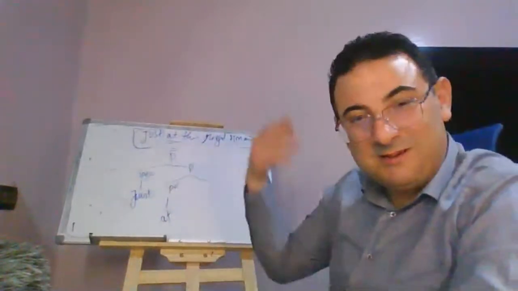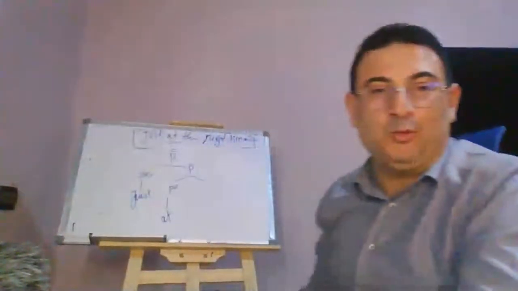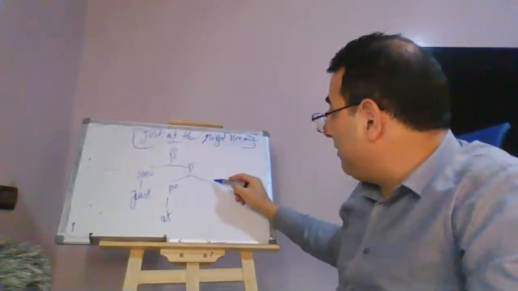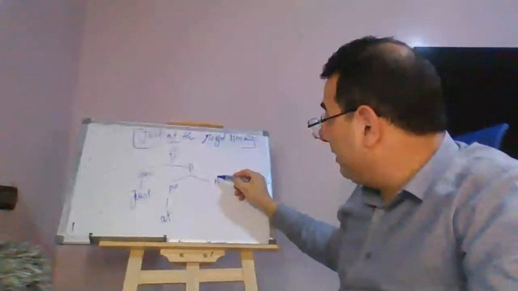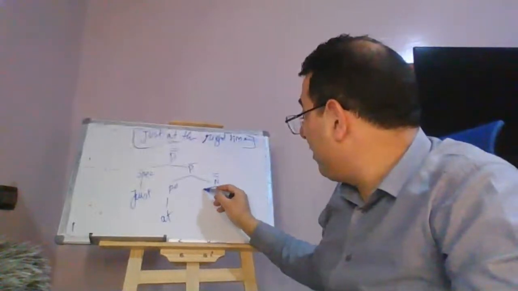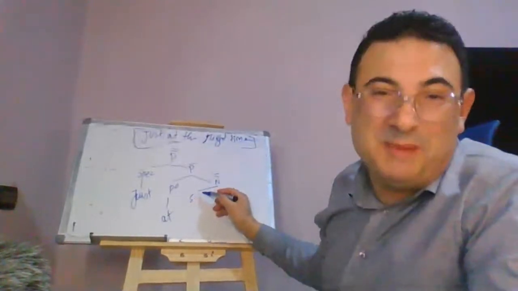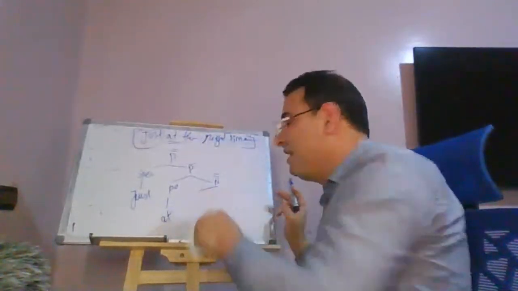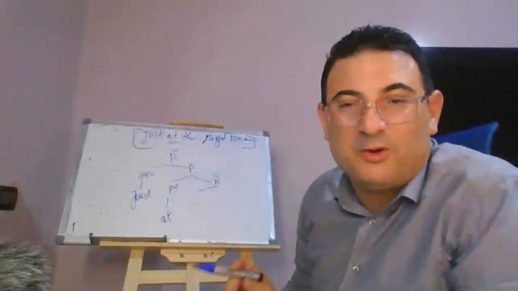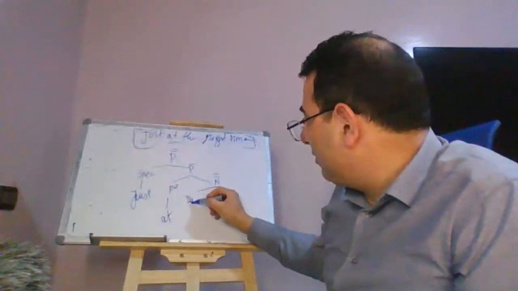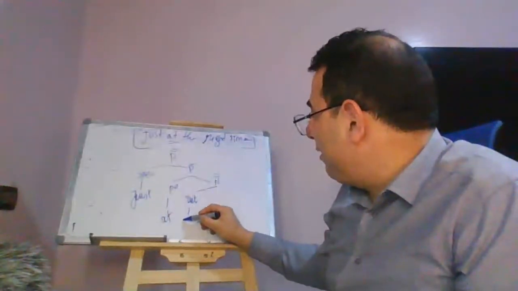Okay, let's group everything here. So we have "the right time" as an N double bar. And then you have "the," which is the determiner, or specifier, whichever. Let's call it determiner. It's usually a determiner for the noun phrase.